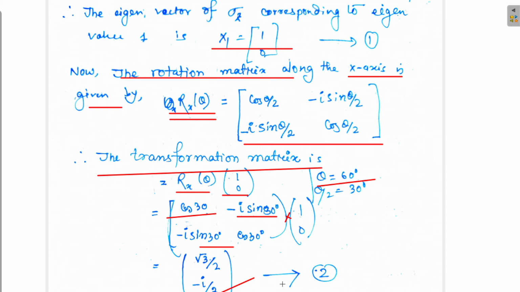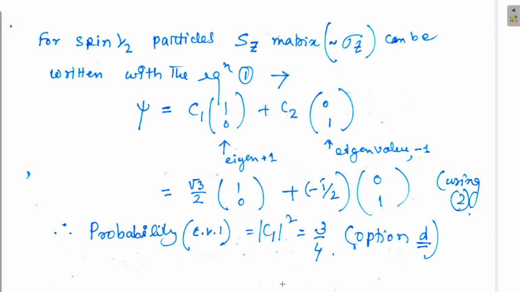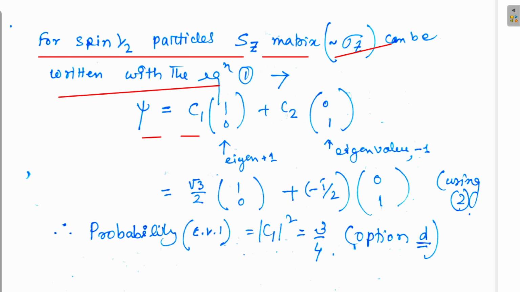Okay, so now let's proceed to find the probability corresponding to the eigenvalue. For spin half particles, the state associated with sigma z can be written as psi equal to C1 (1, 0) plus C2 (0, 1).